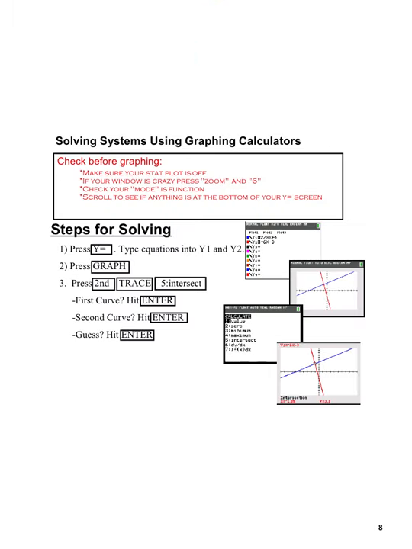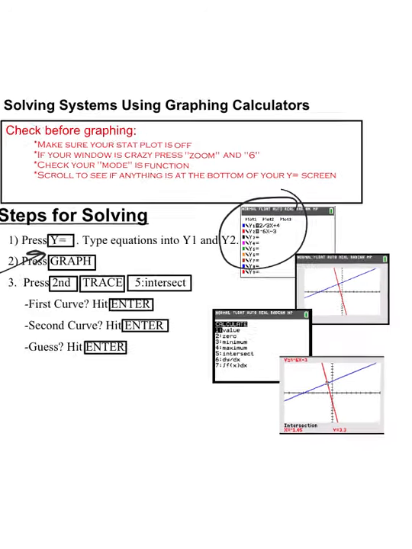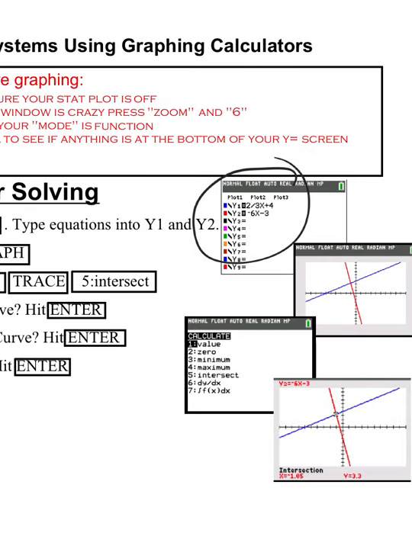Now, if you do switch over to a graphing calculator, it can do much of the same that Desmos does, just a little different process. On the graphing calculator in the top left, right below the screen, you'll see there's a y equals button. That y equals button will bring you to a collection of y equals equations, and you're going to type in the equations. Again, you can see this one does not have parentheses around the 2/3.